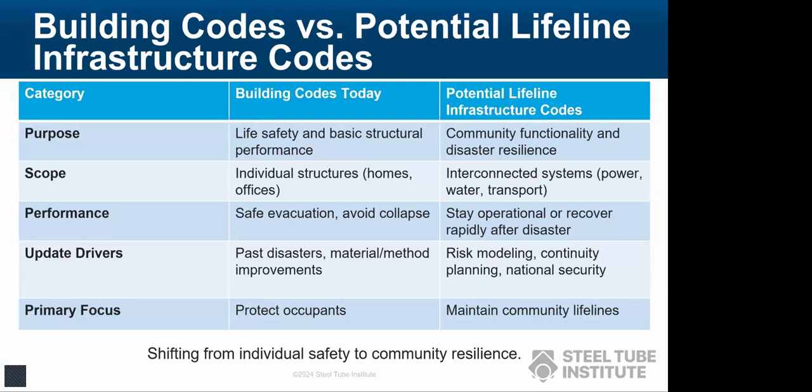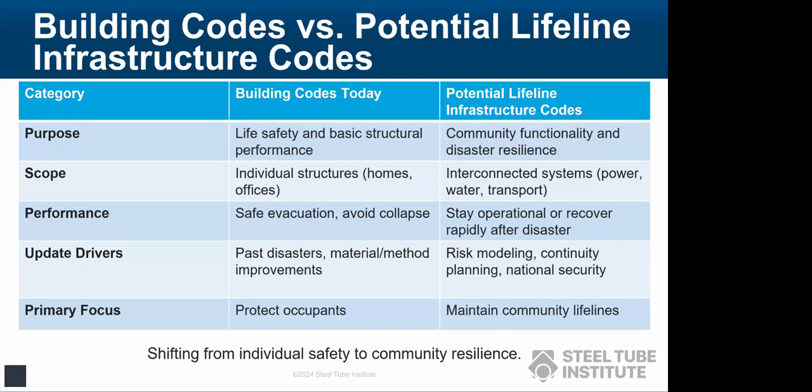The scope, with building codes today, is individual structures, homes, offices, etc. But with potential Lifeline infrastructure codes, they can become more interconnected systems with power, water, transportation, etc. With performance, we talk about safe evacuation and avoiding collapse in today's building codes, but we need to talk more about prioritizing operational and recovery systems and rapidly recovering from disasters.